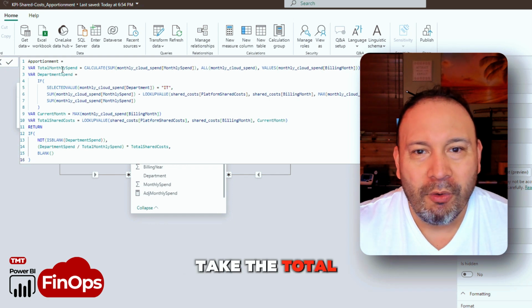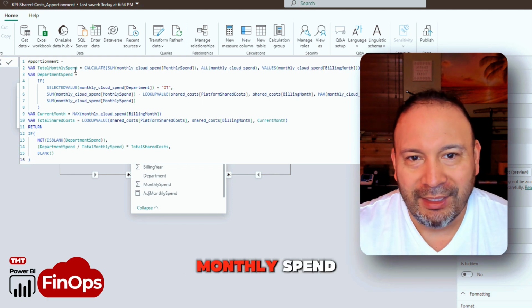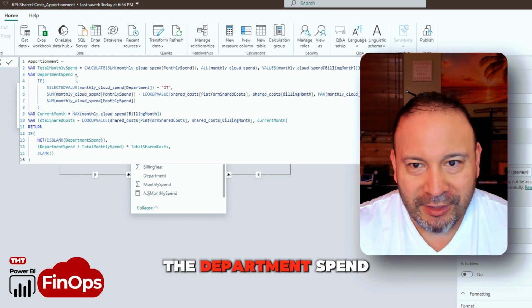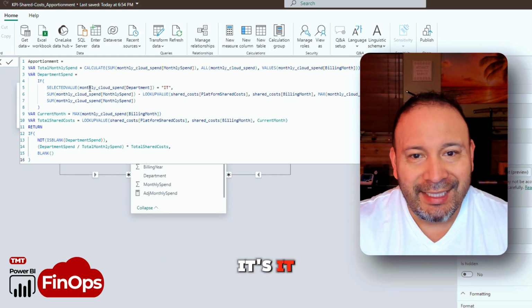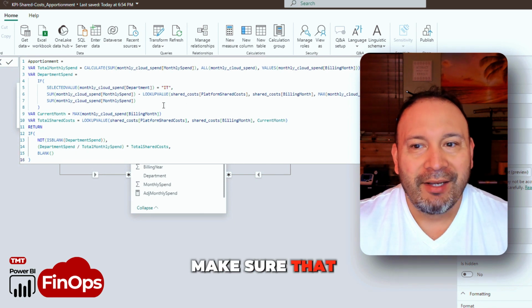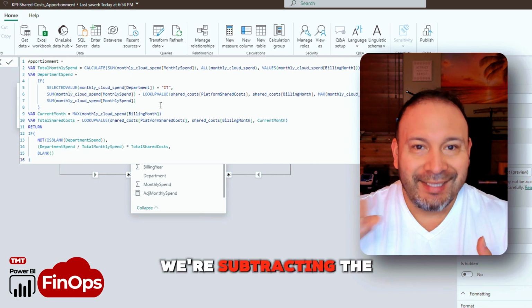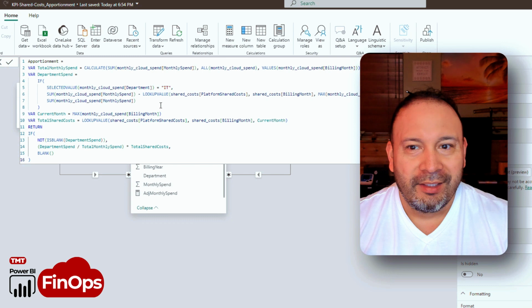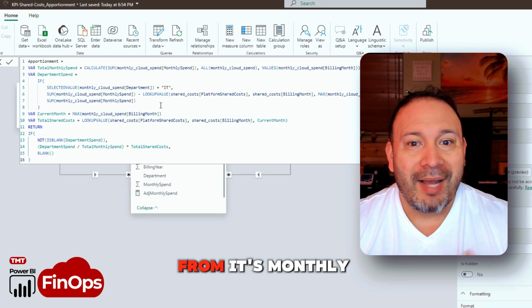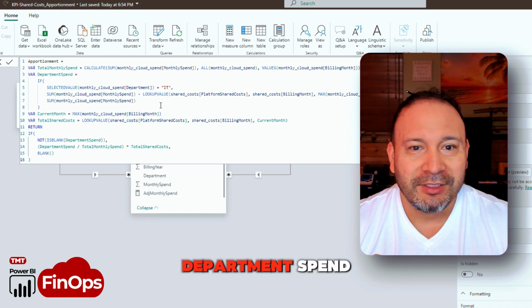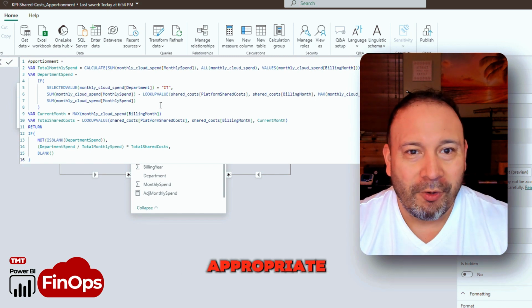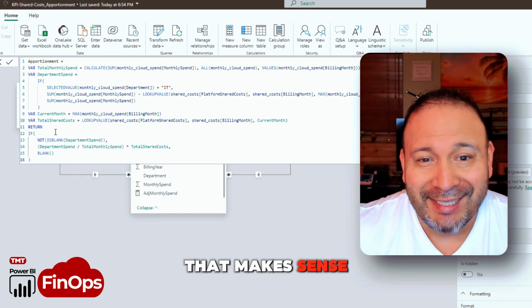Well, we're going to take the total monthly spend. We come up with the department spend, but then here's the thing to factor in. If it's IT, we need to make sure that we're subtracting the shared costs from IT's monthly spend. So we need to make sure that it's actually IT department spend to give IT the appropriate apportionment. And hopefully that makes sense.